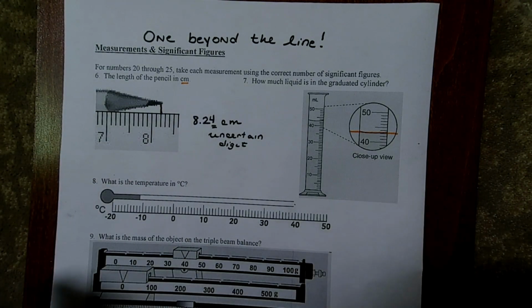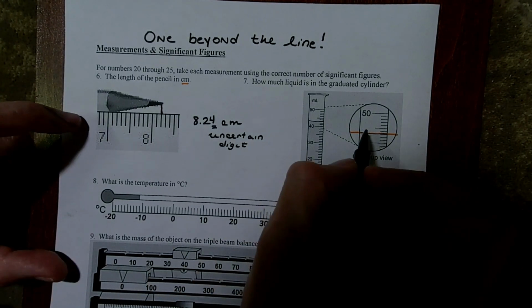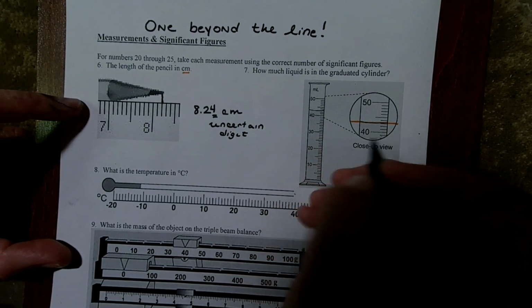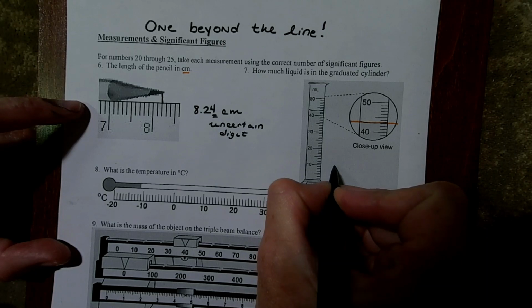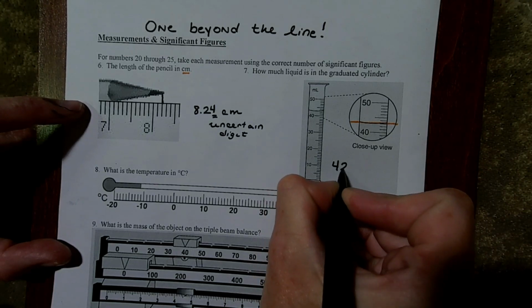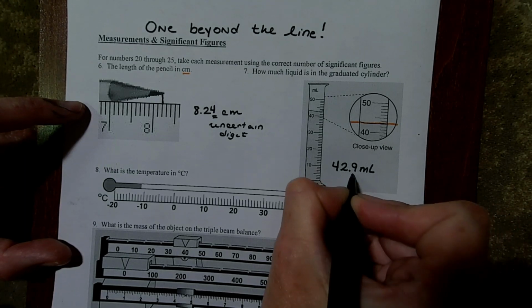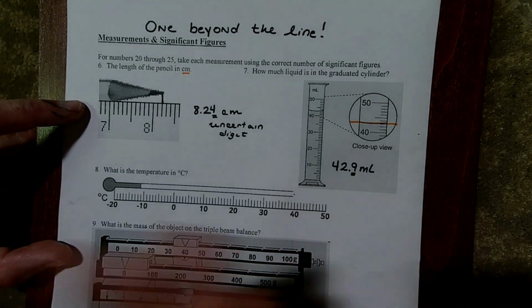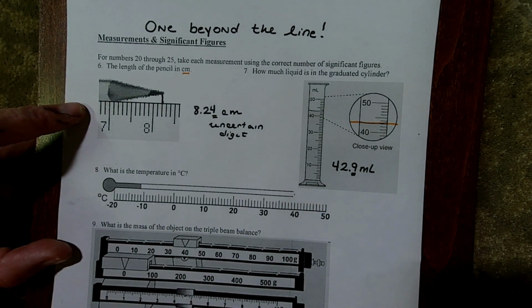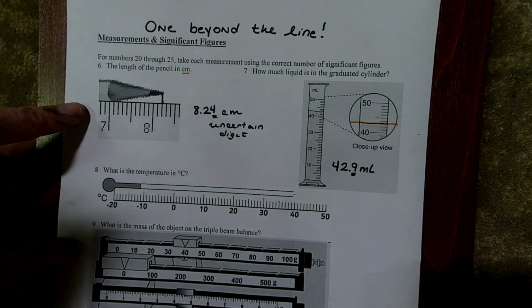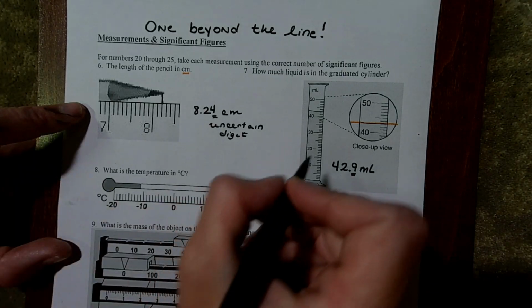So again, looking at the bottom of the meniscus, one might say that this is 42.9 mils. And this is my uncertain or estimated digit. I love doing this in class because then oftentimes someone will say, but I think it's exactly 43 mils.